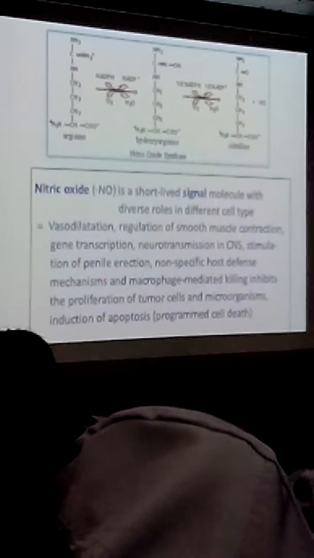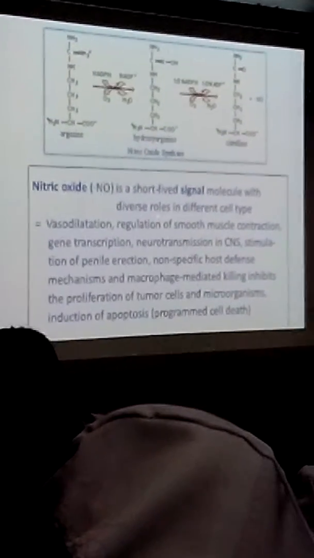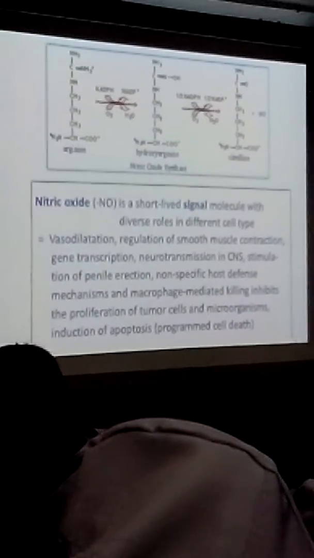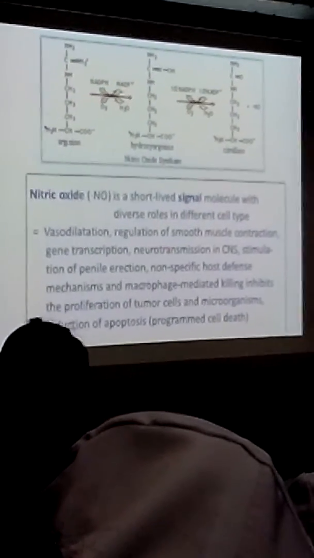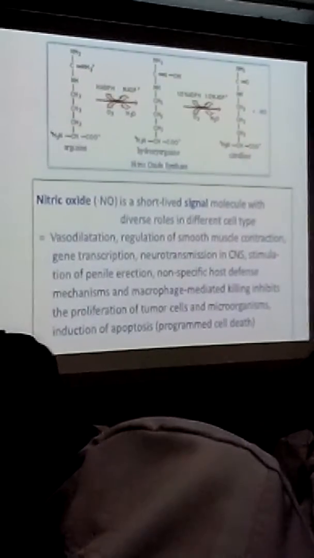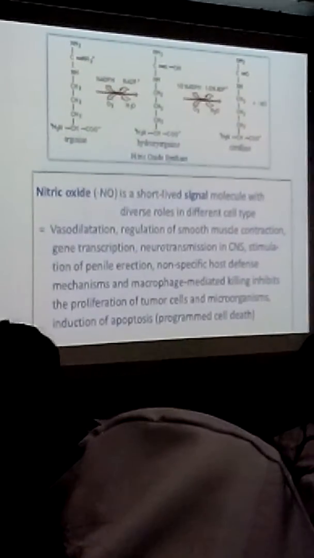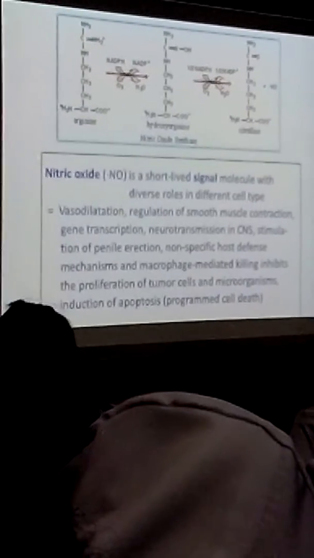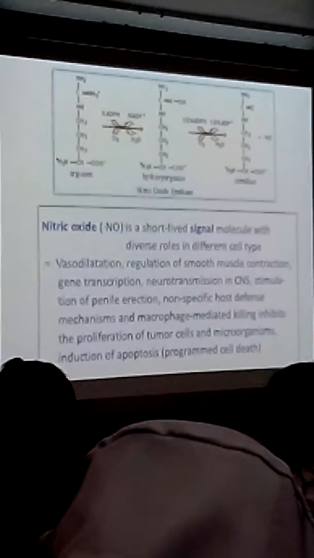Short-lived signal molecule with diverse roles in different cell types. It comes from arginine, and then take note, you need your NADPH to convert arginine to nitric oxide. See? NADPH. What are the functions?